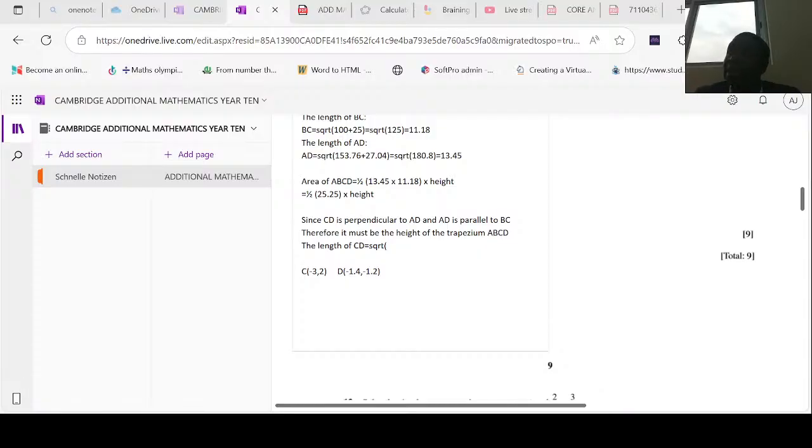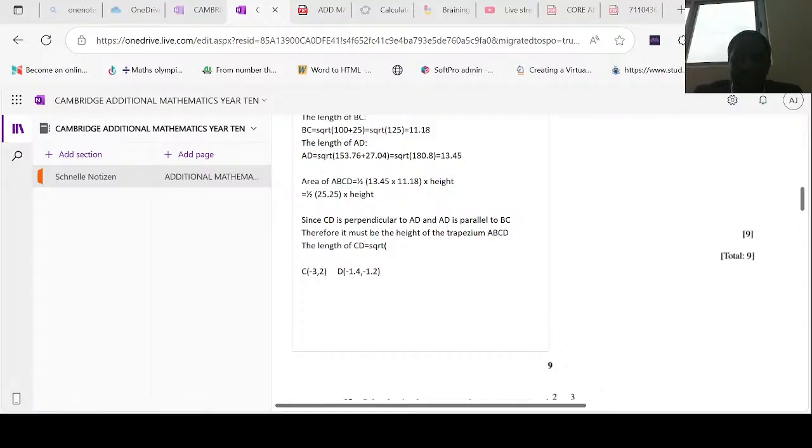Minus 1.6 is 1.6 now. Negative 3 plus 1.4. You're not concentrating. Okay. So that's 2.56.